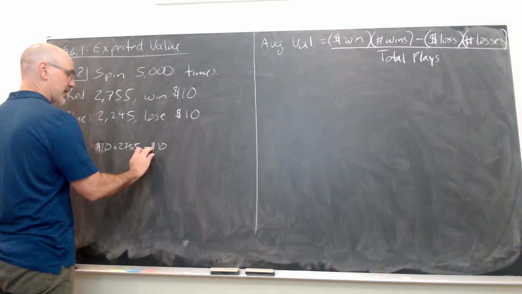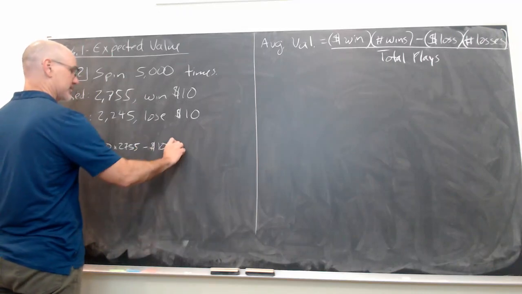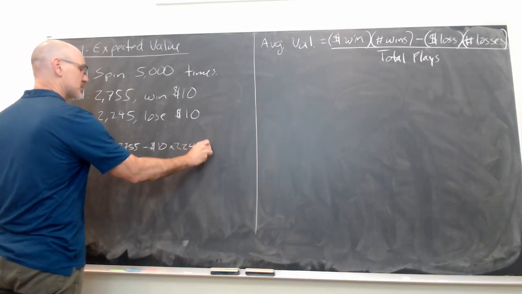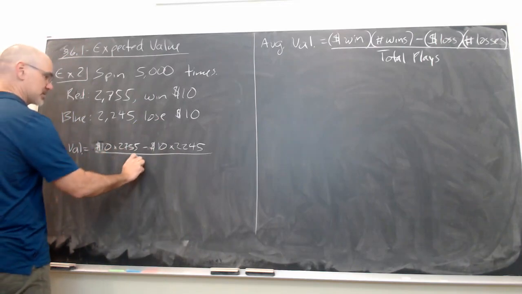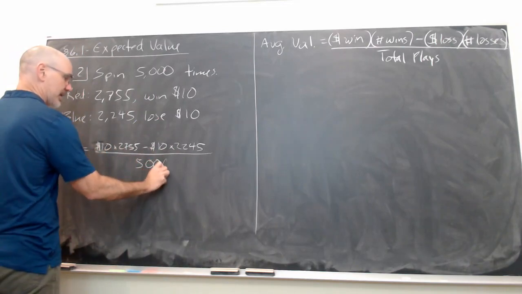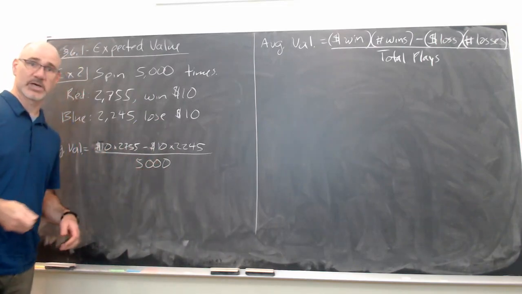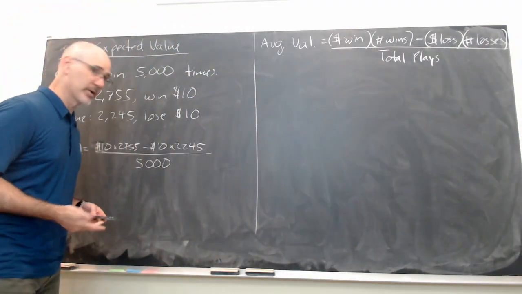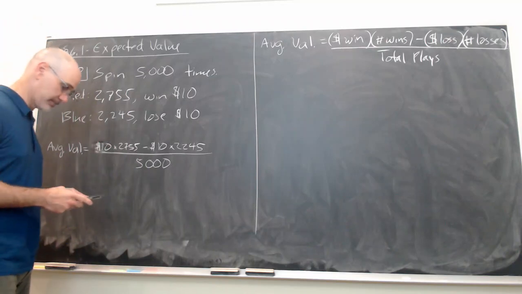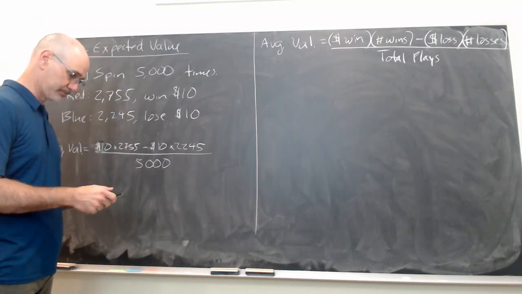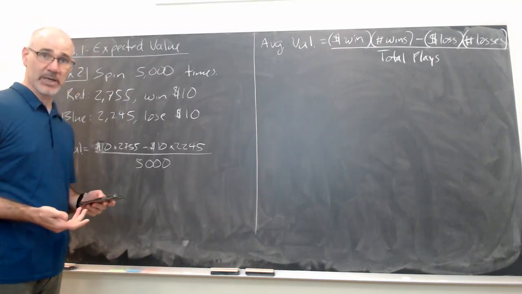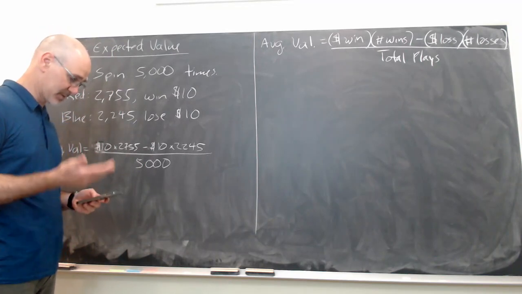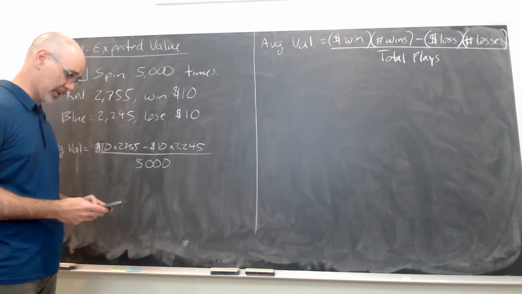So we subtract $10 times the number of times we lost, and then all of that gets divided by 5,000, which was the number of times we played the game. Right? We won a lot, we lost a lot, and now we're going to figure out what our average winnings were. Now, if this is a casino game, we would expect average losses, but this is a made-up math class game, so we're going to win.